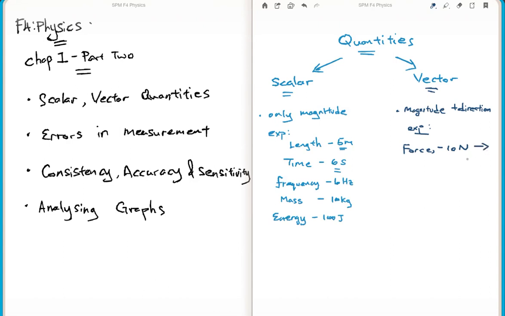Acceleration is also a vector: you have 6 meters per second squared going downwards, or accelerating to the right or to the left.